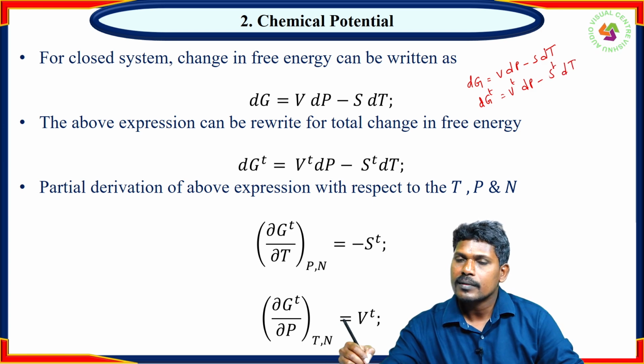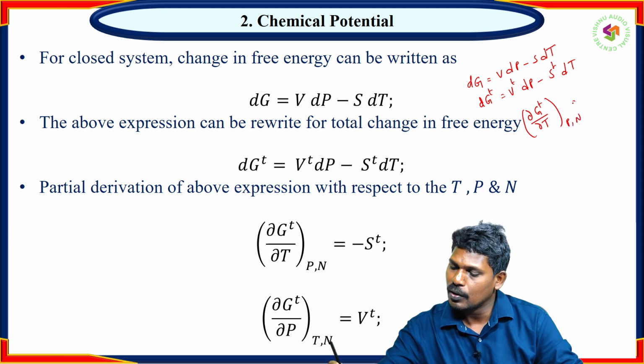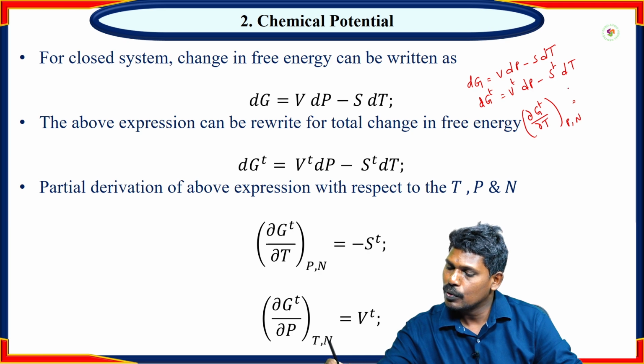Now differentiate with respect to the temperature first, dou GT by dou T. Pressure is constant and number of moles are constant, so only temperature varies. Vt is constant and dP is zero because we are doing it only with respect to temperature, so that term is 0.